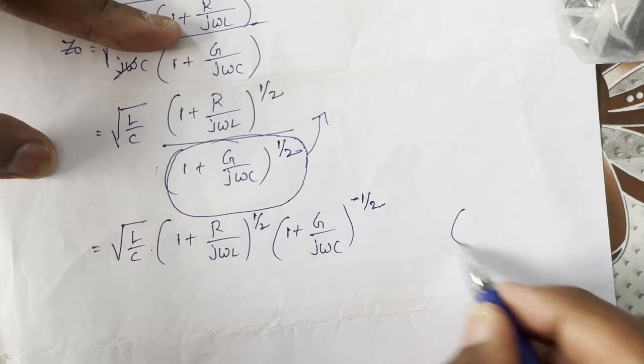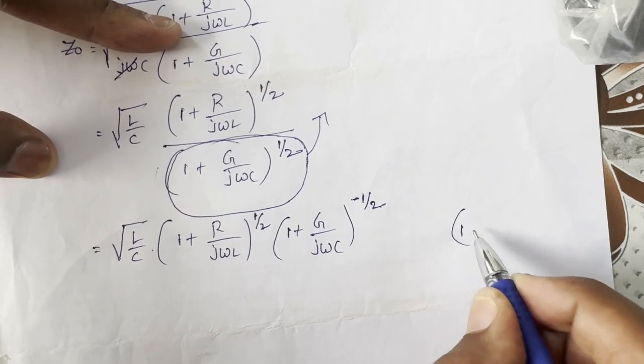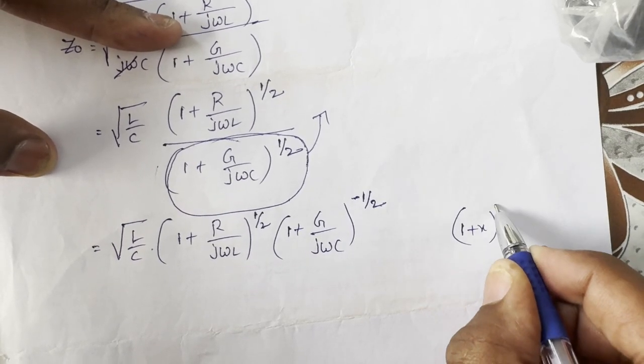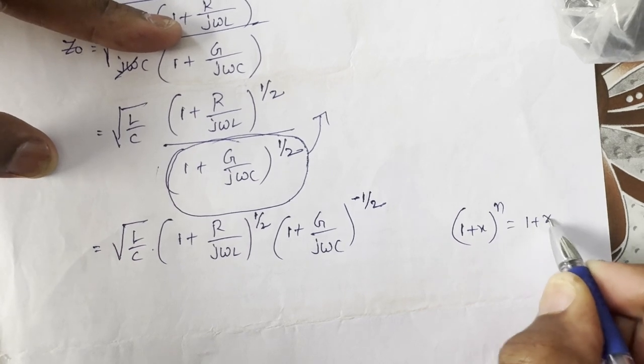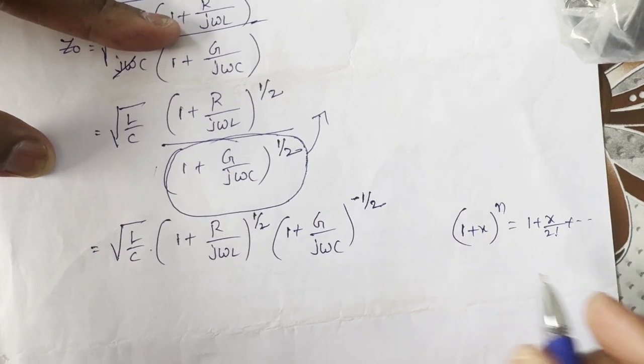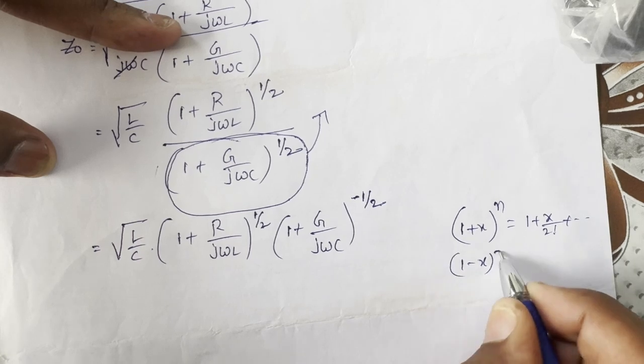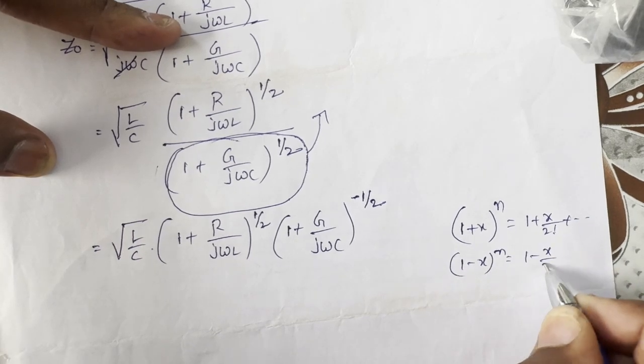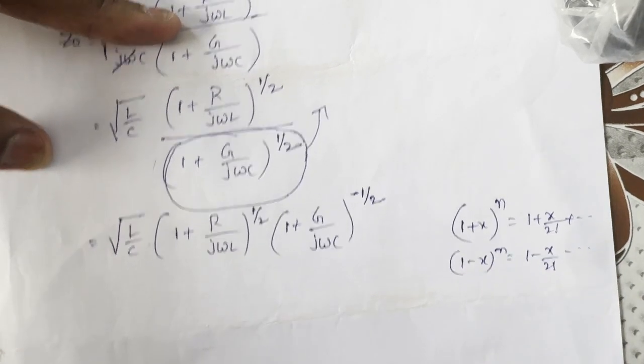Now again I am expanding here. From binomial expansions, 1 plus x whole power n equals 1 plus x by 2 factorial plus up to so on. 1 minus x whole power n equals 1 minus x by 2 factorial up to so on.